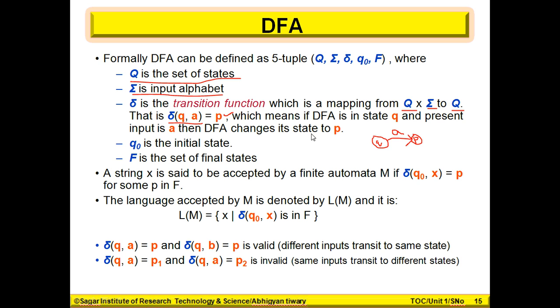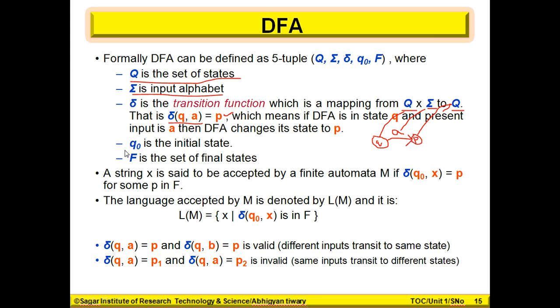So Q is a state. It means it belongs to this Q. This is A. A is input, and it belongs to this set. Again, this maps to P, and this P belongs to Q. So this is the meaning of this.